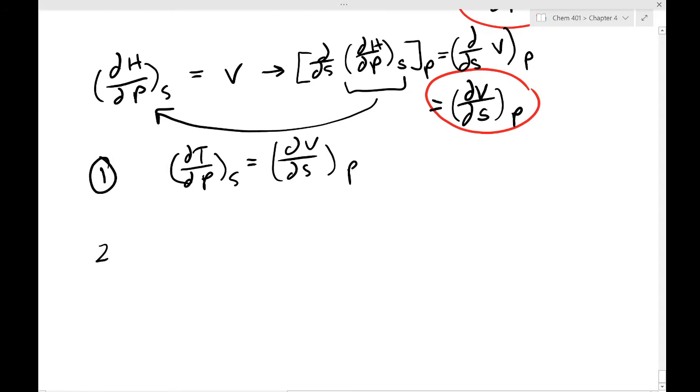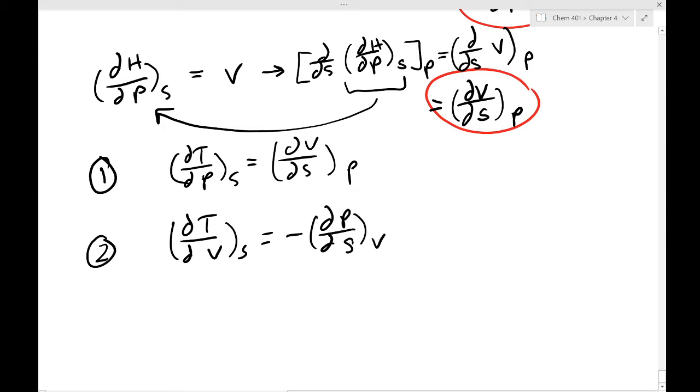Number two, we can do something very similar, and we can find that the change in temperature with respect to the change in volume at constant entropy is equal to the negative change in pressure with respect to the change in entropy at constant volume.